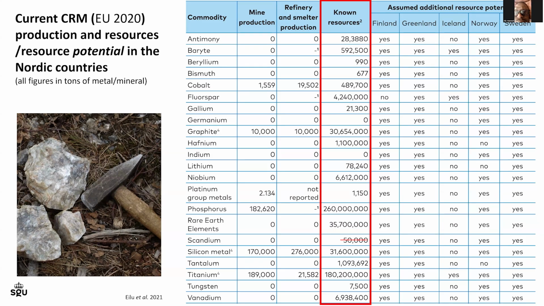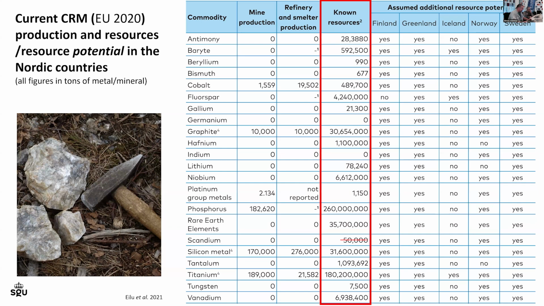Note also that I overscored in red the number for scandium because that was actually a miscalculation that was published. And this will hopefully be righted in the next upcoming version of this, courtesy of Nordic Innovation.